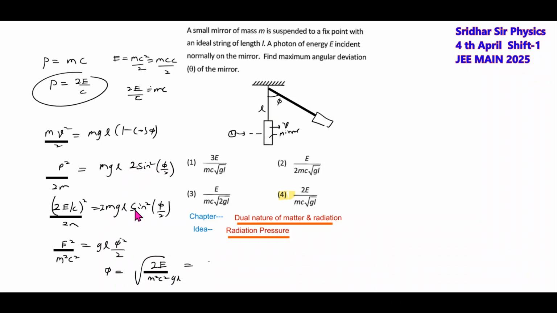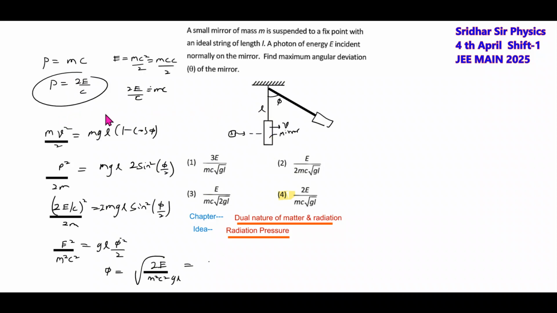Here 1 2 will come. We'll cancel out this. Yeah, it will be like root 2, 4. It should be 2e. I think the key here is twice the momentum. Change in momentum will be twice, no?